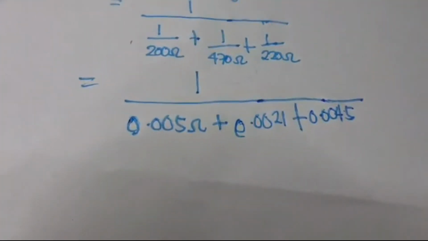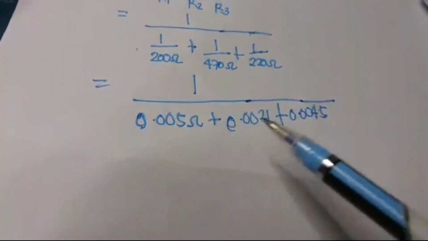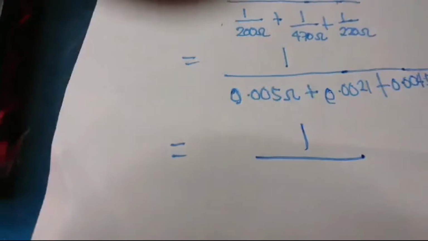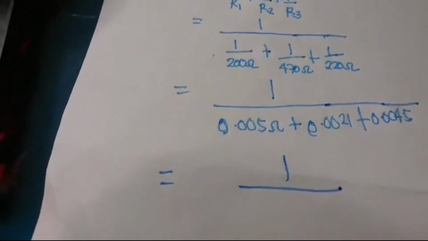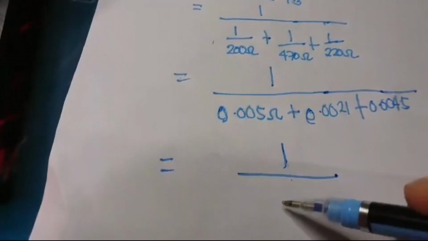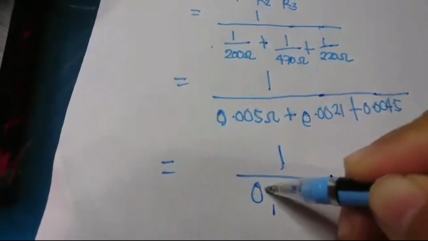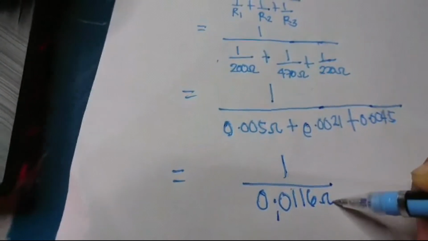Okay, so adding these three denominators we get, so we copy the numerator 1 divided by, using your calculator again to compute, 0.0116 ohms. Okay.